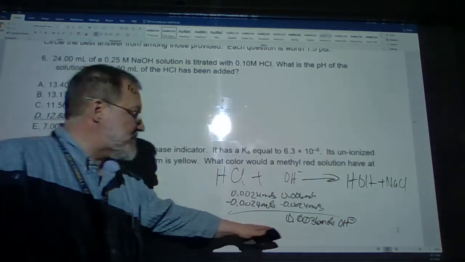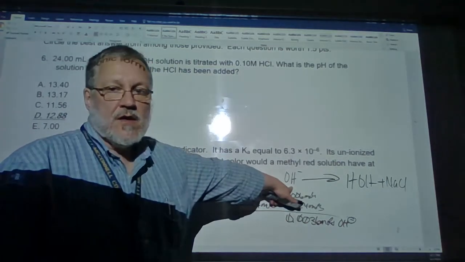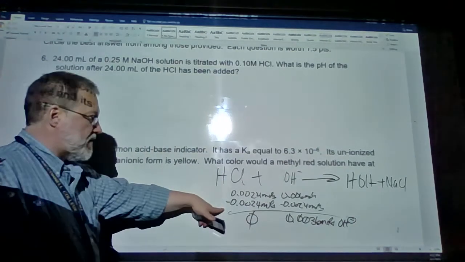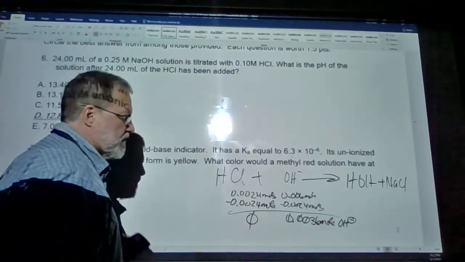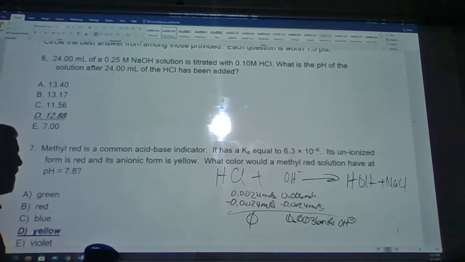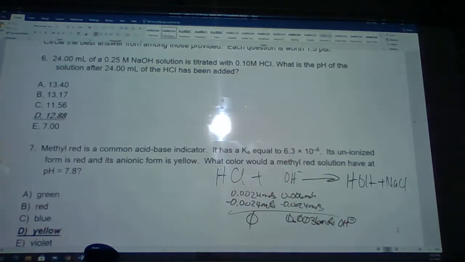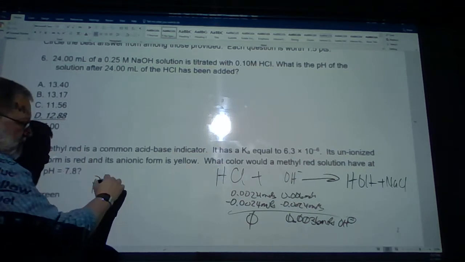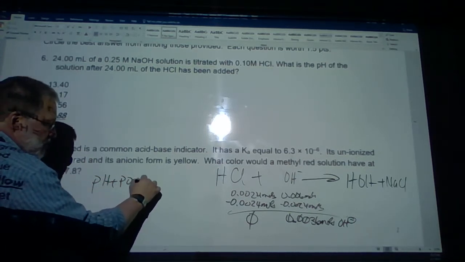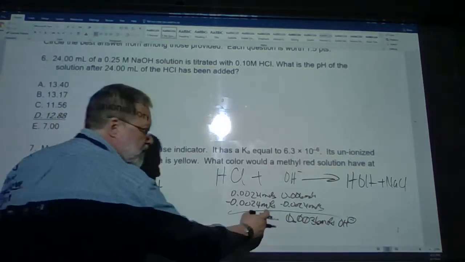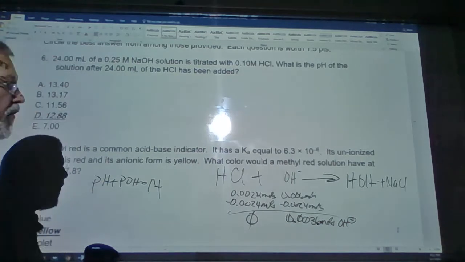So the only thing that is determining pH is our OH concentration. We've consumed all of our acid. We have 0.0036 moles of OH minus left. So what? Remember, pH plus pOH is equal to 14. This is 0.0036 moles of OH.